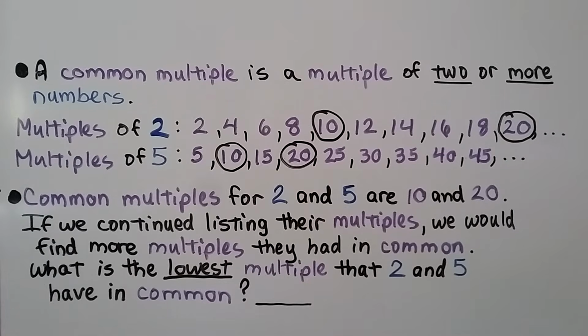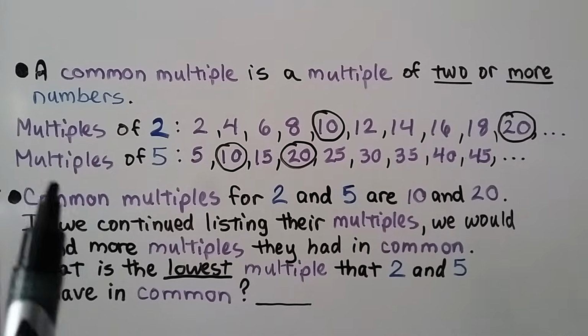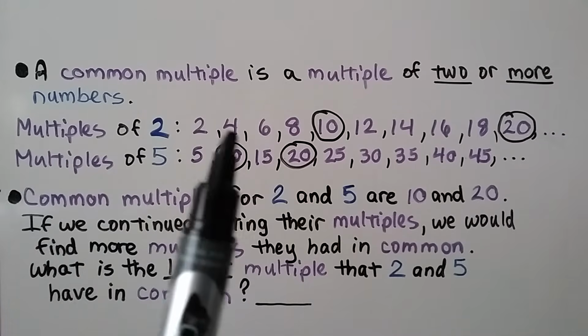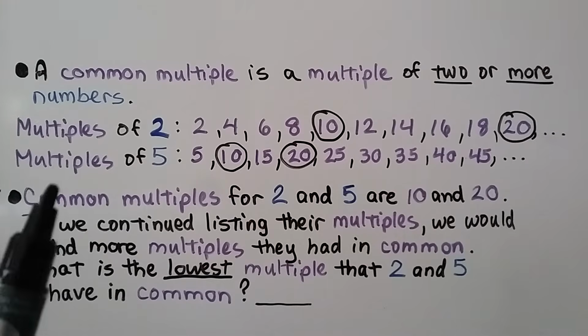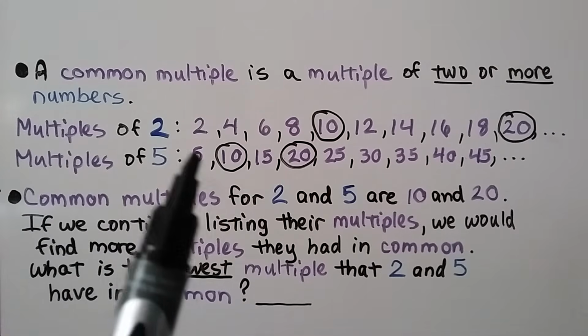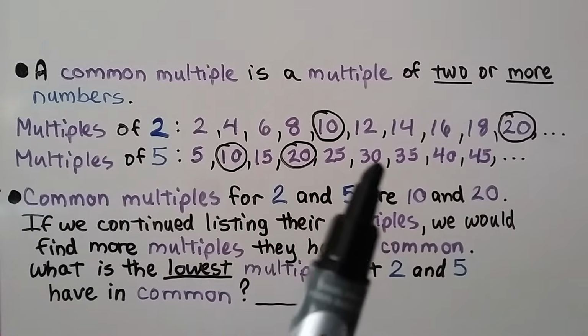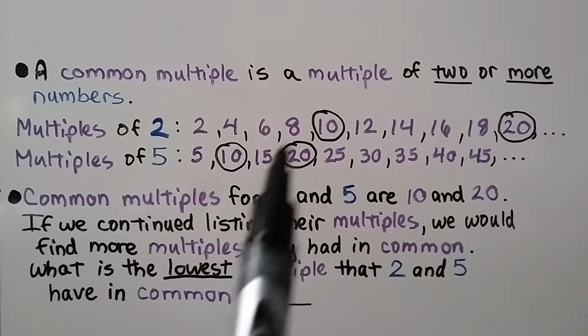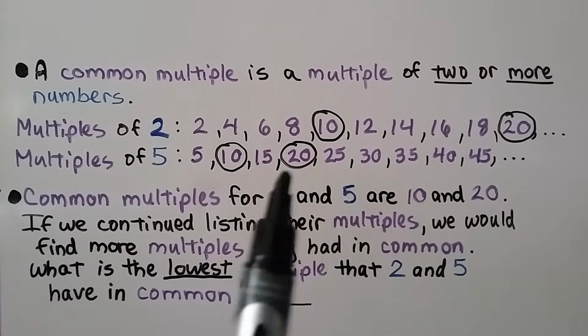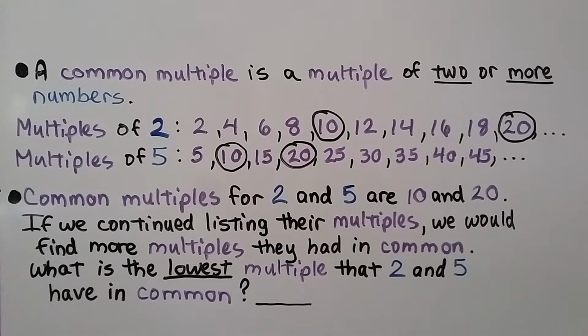A common multiple is a multiple of 2 or more numbers. We can list the multiples of 2: 2, 4, 6, 8, 10, 12, 14, and so on. We can list the multiples of 5: 5, 10, 15, 20, 25, 30, and so on. So the common multiples for 2 and 5 are 10, they both have a 10 in the list, and 20, they both have a 20 in their list.